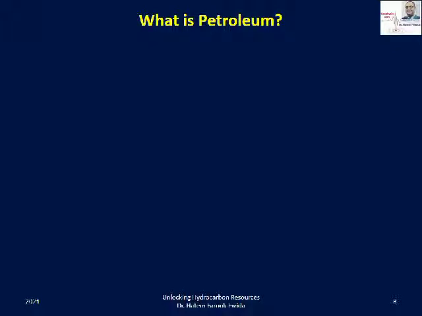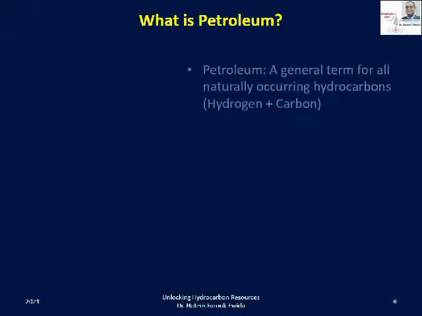So let's see what petroleum is. We know the different types of rocks now, and we want to know what petroleum is. I know that most of you know that, but just to remind you: petroleum is a general term for all naturally occurring hydrocarbons, and hydrocarbons are built up of hydrogen and carbon.